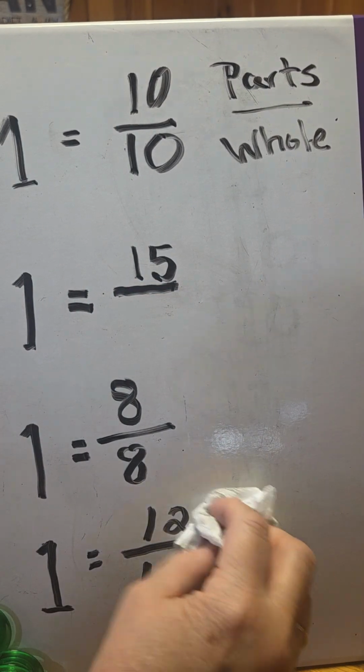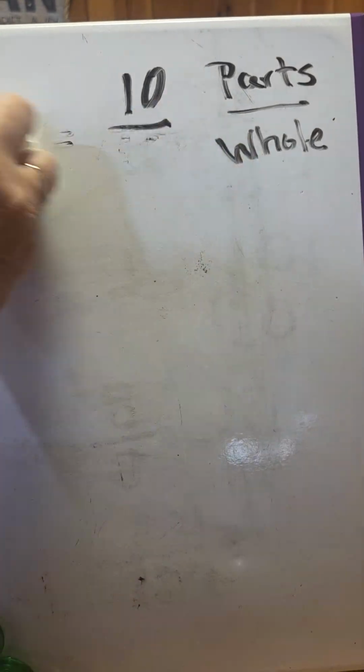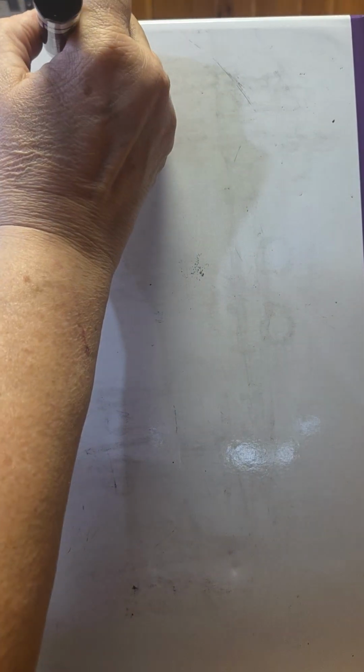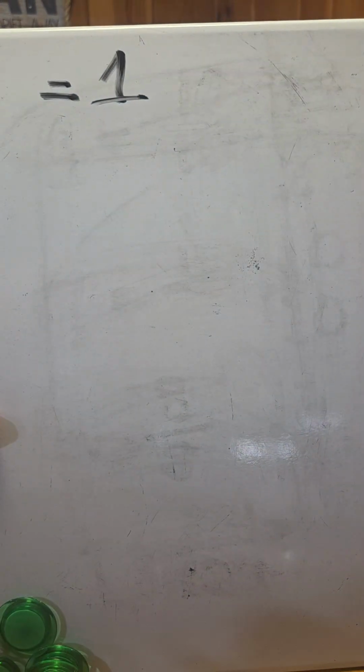I'm going to leave you with one type of test question that you might see on a test. You never quite know how they're going to ask your question. But they might ask to say, circle all the fractions below that equal one whole, that equal 1.